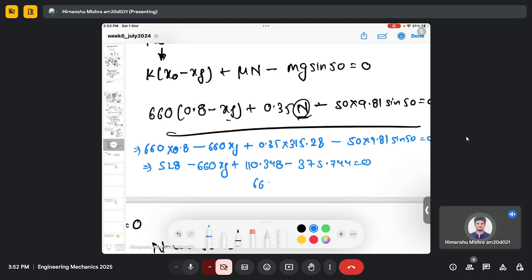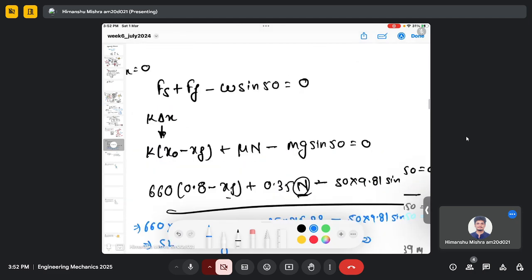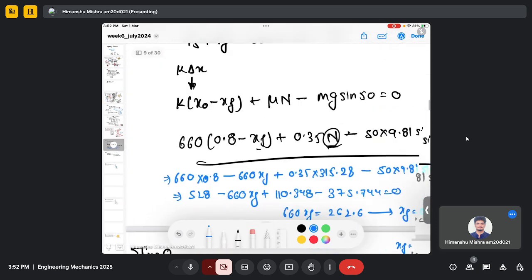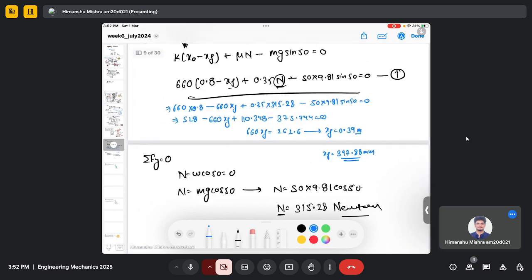So this will be 660 xf equals 262.6. So this will give me xf as 0.39 meter, which is equal to 397.8 millimeter. So this is my final length of the spring.